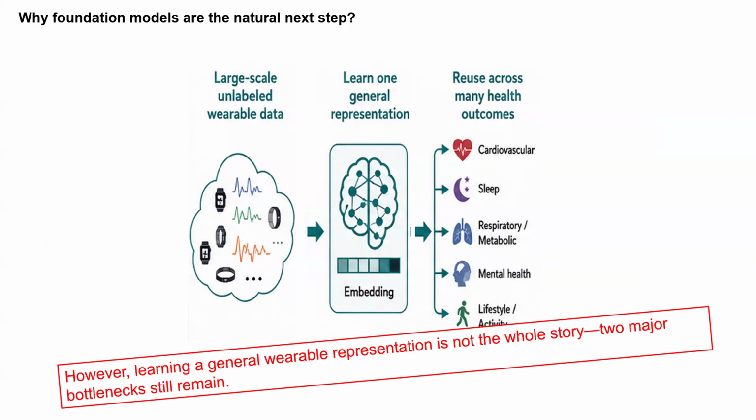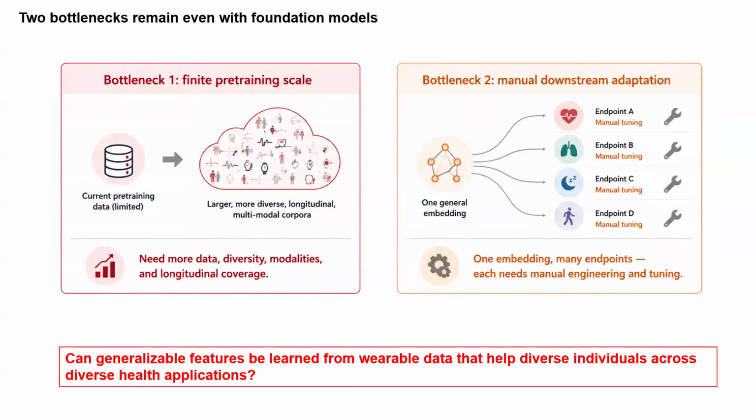However, learning a general wearable representation is not the whole story. There are still two bottlenecks that need to be addressed. The first is finite pre-training scale: our current pre-training data is quite limited and can't incorporate all the diversity, modalities and longitudinal coverage of the data.